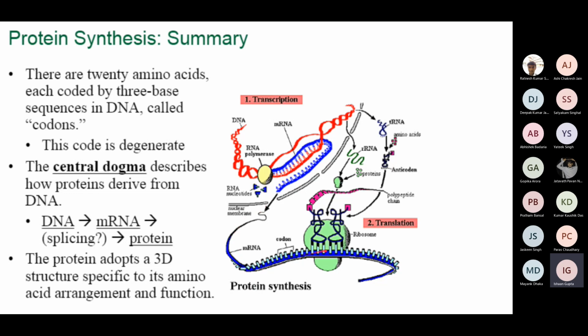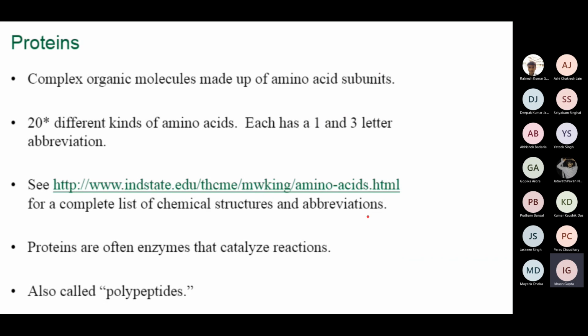This blue mRNA molecule goes and binds to a protein complex called the ribosome complex, which interacts with tRNAs, which have amino acids bound to them. Typically when the ribosome keeps on moving along this mRNA message, these amino acids are joined together to form a polypeptide chain, and that's how translation happens, and the protein forms a three-dimensional structure.